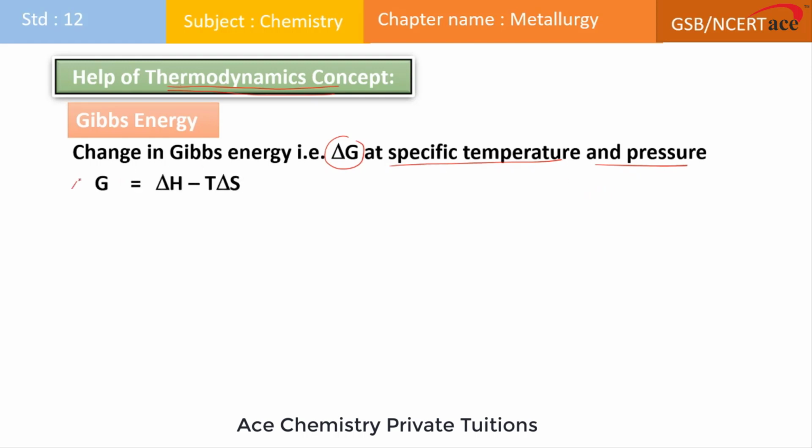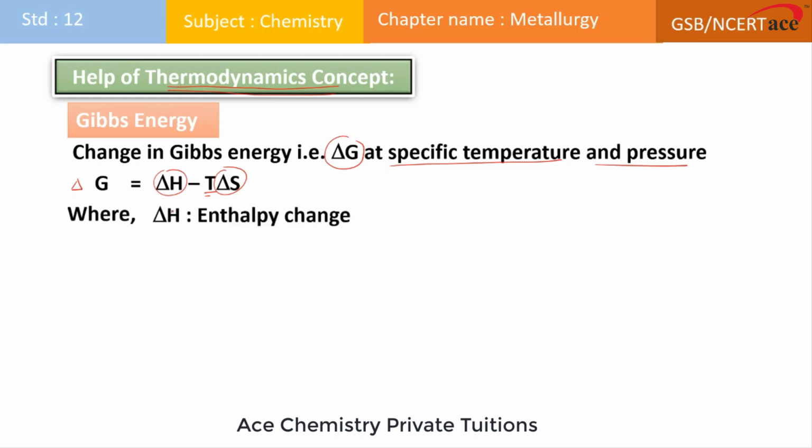Again, delta G is the change in Gibbs free energy, which depends upon two parameters, that is delta H and delta S. And here T indicates temperature on the Kelvin scale.